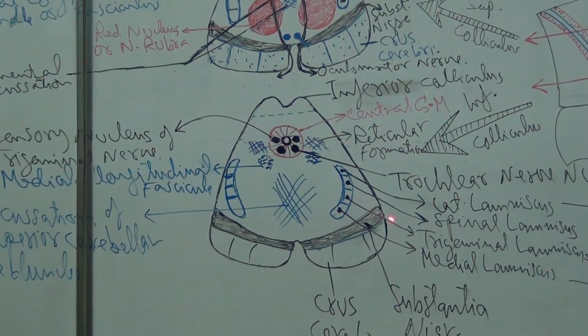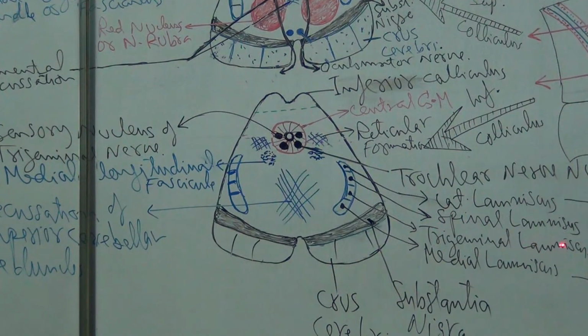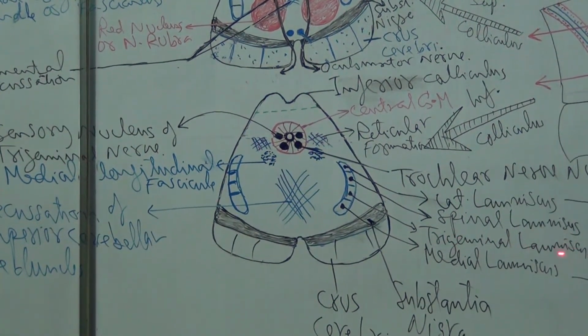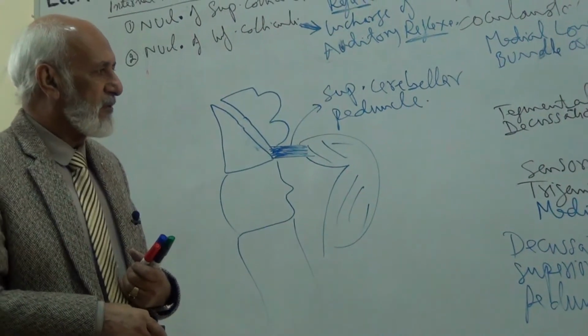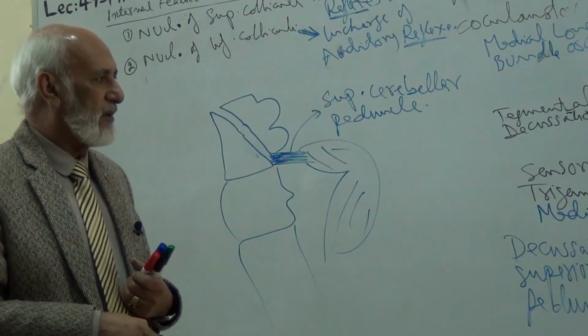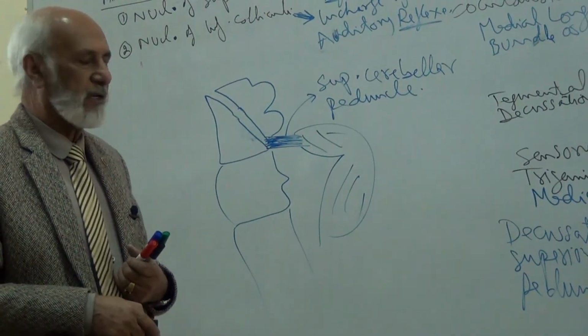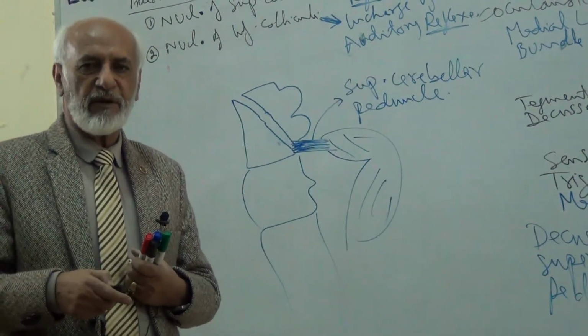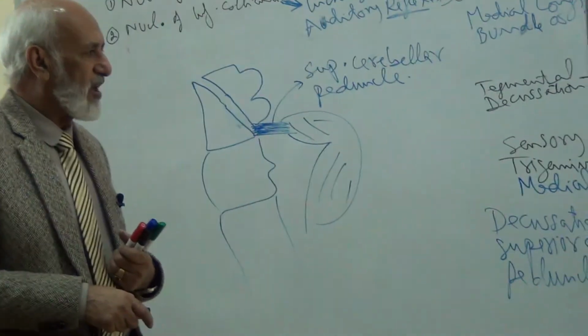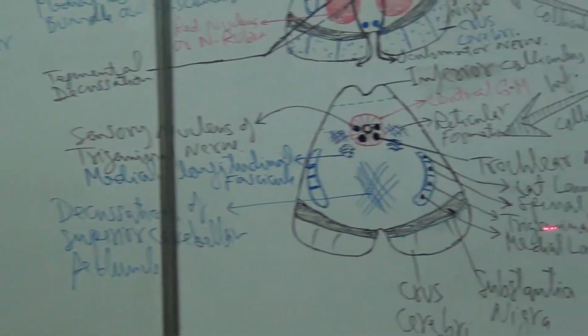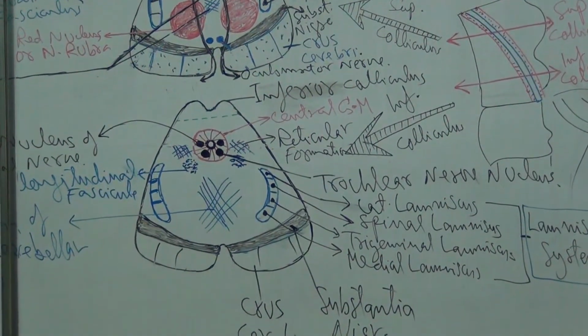Next to it is the trigeminal lemniscus. You know, the trigeminal nerve is sensory to the face. So this trigeminal lemniscus carries pain and temperature from the face area. The spinal lemniscus carries pain and temperature sensation from the whole body except the face, but the trigeminal lemniscus carries pain and thermal sensation from the face area only.